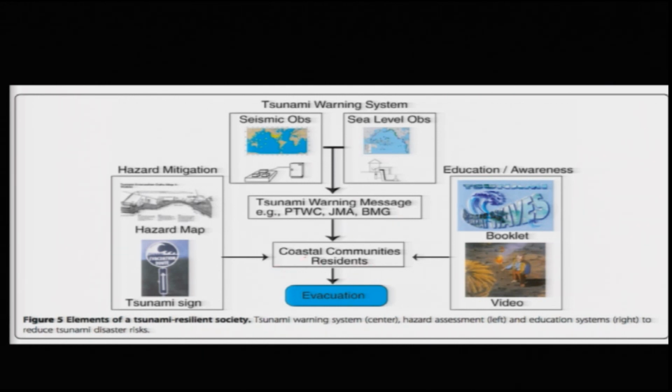This is extremely important because a lot of the area along the coast has been occupied by people. So, the coastal community should be informed, and then you should have a proper evacuation plan.